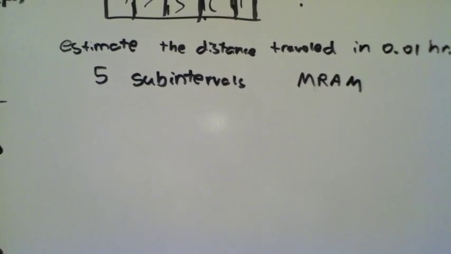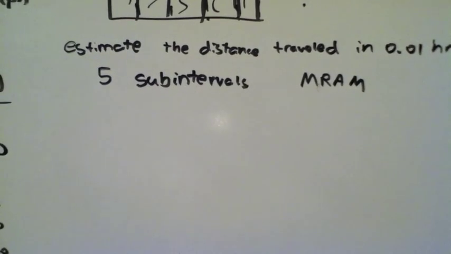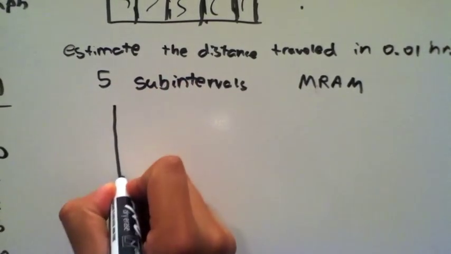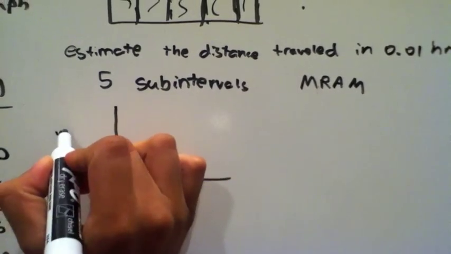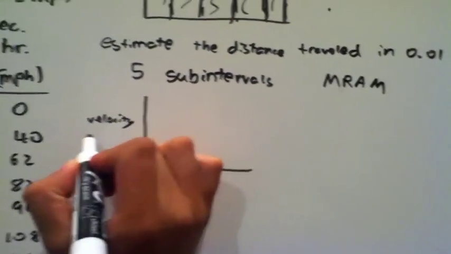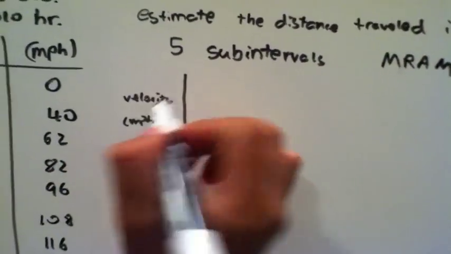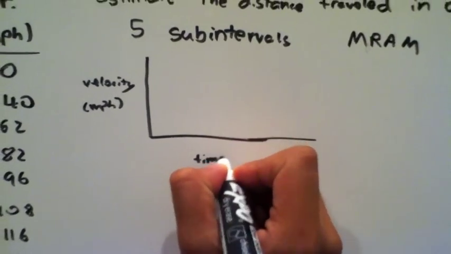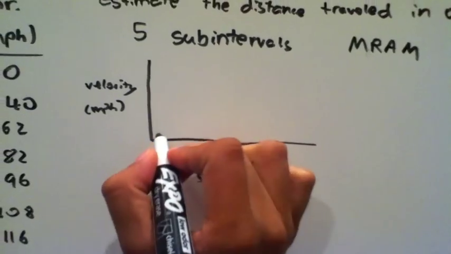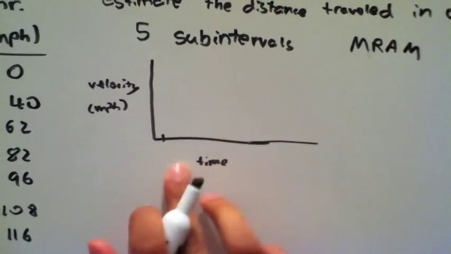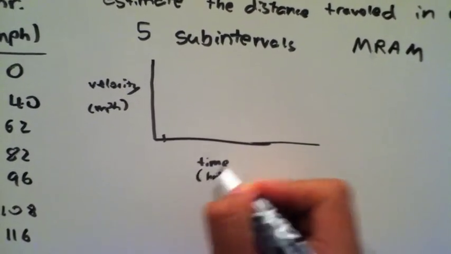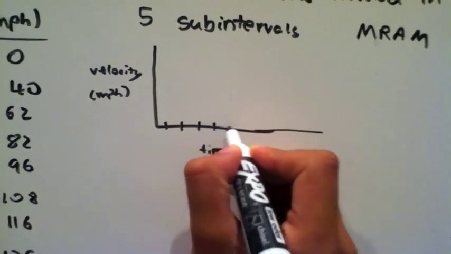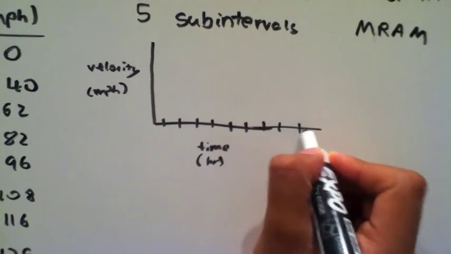Alright, so let's just draw the velocity curve I was talking about. So velocity on the y-axis in miles per hour, and here would be the time in seconds, and you have time in hours, and you have 1, 2, 3, 4, 5, 6, 7, 8, 9, 10.